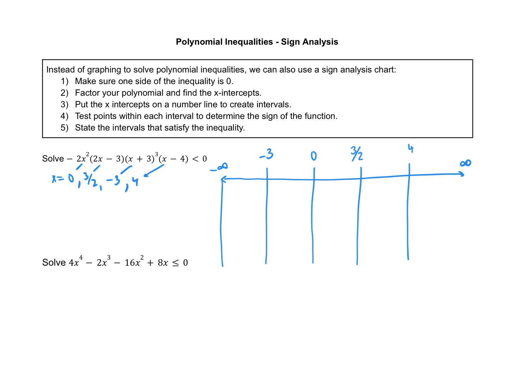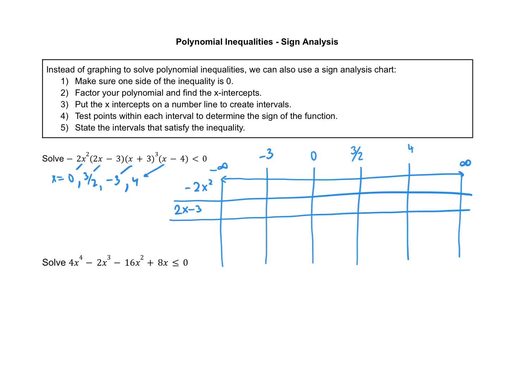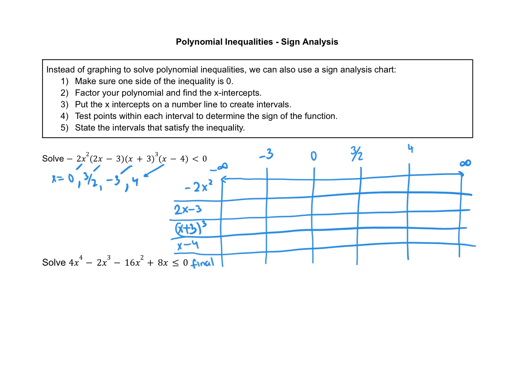And I'm going to create a chart here. And then I could take all of these factors and write them in a separate column. And the very last one will be final or overall.